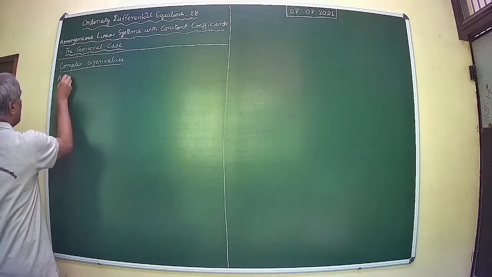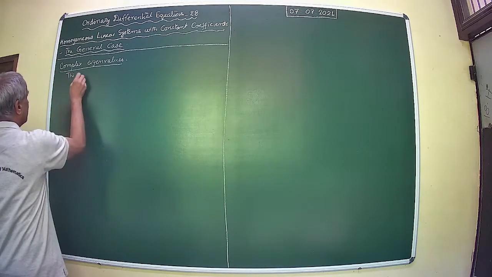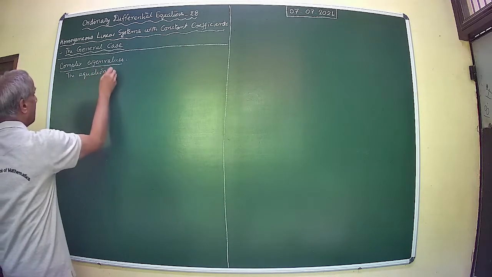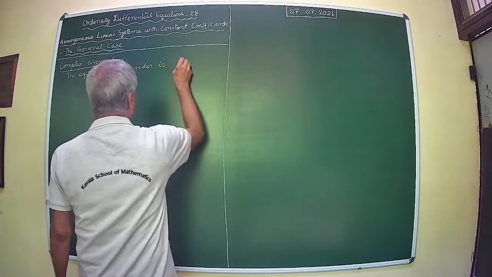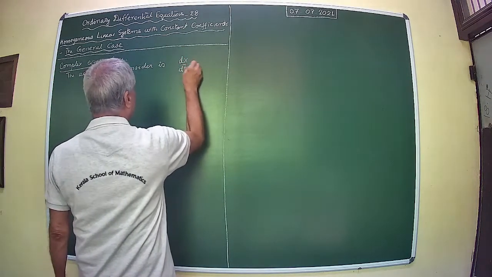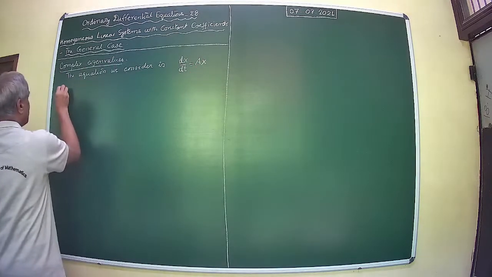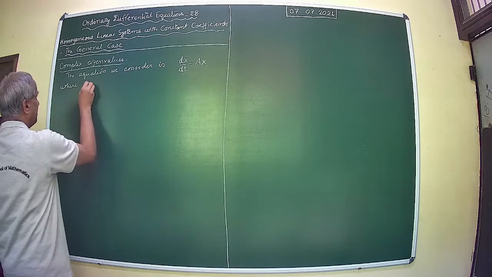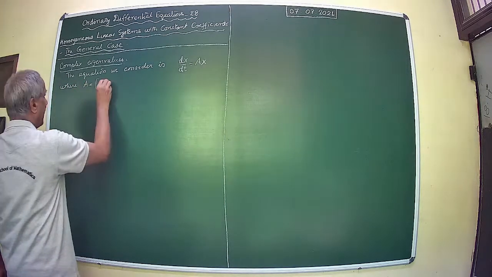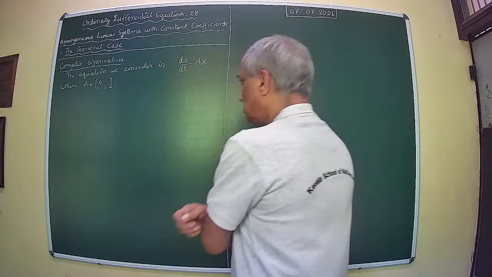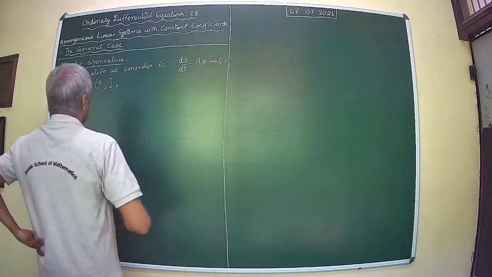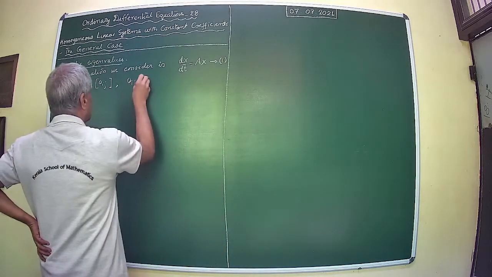Assume the equation we consider is dx/dt = Ax, where A = (a_ij), and we denote this by (1), where the a_ij are real.